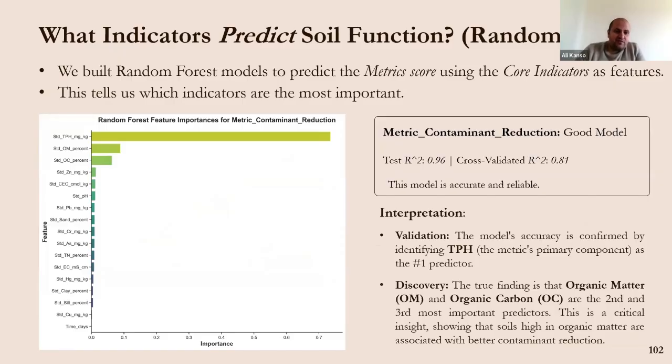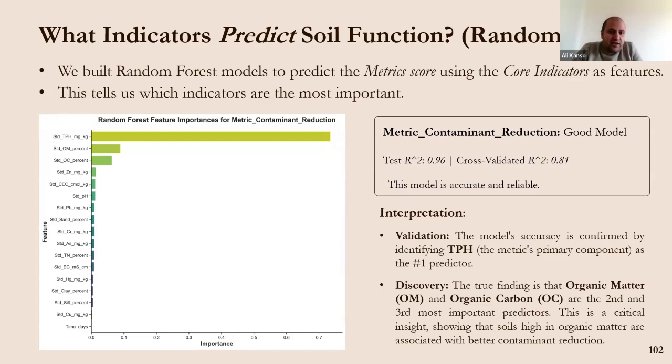Based on random forest, we can see, for example, that TPH, organic matter and organic carbon are the most predictive of the contaminant reduction metric. We can see the model is very significant, 0.9, and the cross validation R square is very good also.